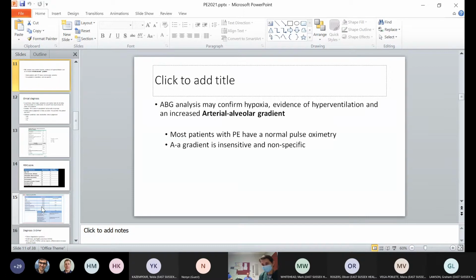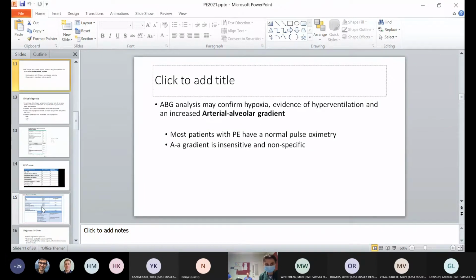It's not well used and doesn't have a lot of supporting evidence, but it can help you make a decision about, for example, radiation for this patient. So that is only a helpful tip.